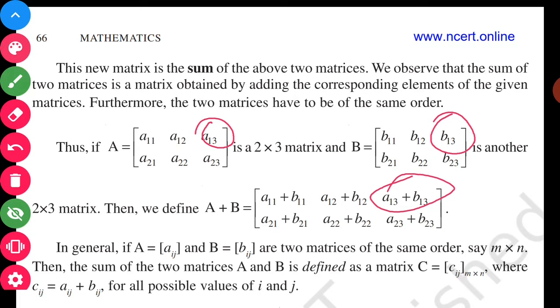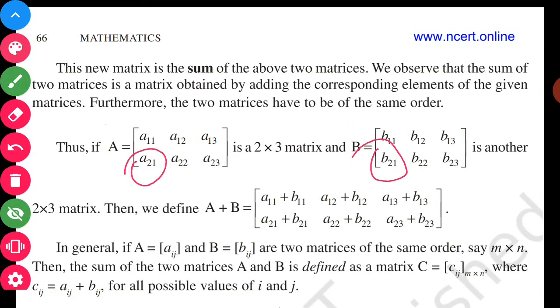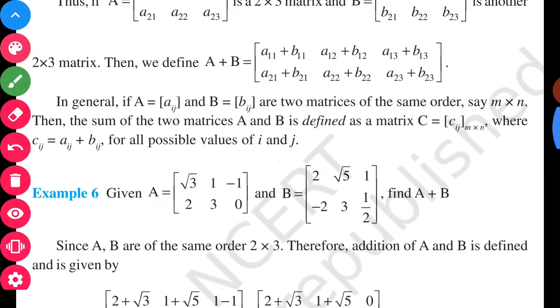Similarly, we do the same thing for the second row. In the second row, the first element is 2 1, and for the second matrix it is 2 1. They are added together. So this is the way to add two matrices.